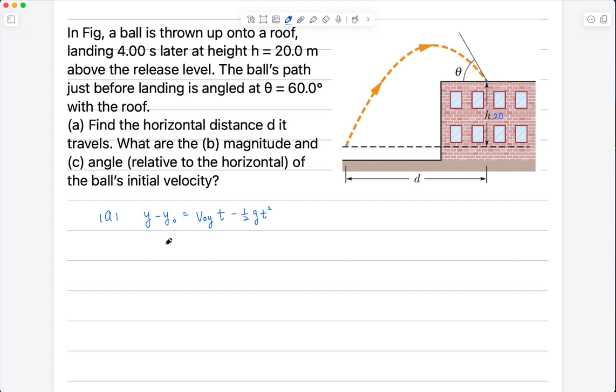Okay, so I'm going to plug in the values. From here, we time reverse, from the toss off the roof to the landing on the ground.